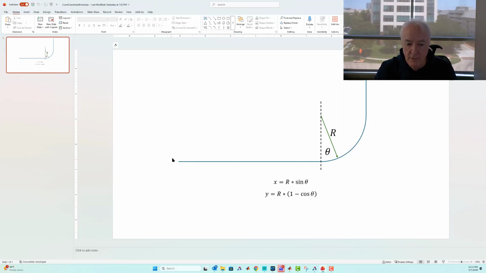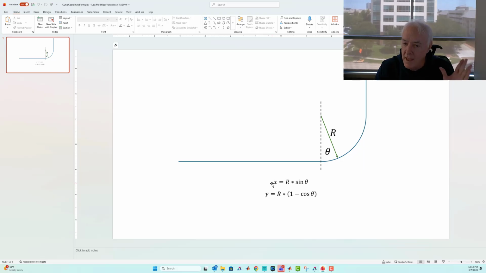Now, imagine what we're really looking at here is the center line, the center of the forklift. This is the path that it would move through. There's a straight trajectory, then a turn begins. We start tracking the movement through the turn through the angle theta, and we see the relationship. Imagine X is horizontal, Y is vertical.